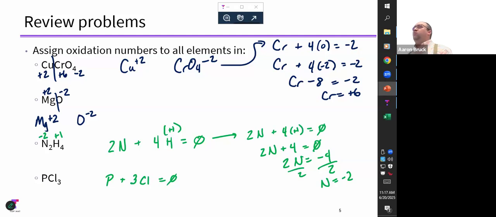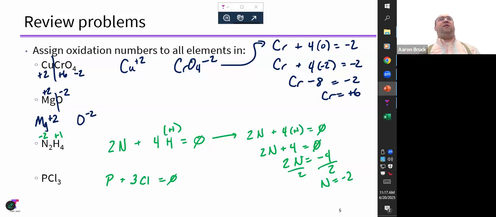So how do I choose which one ends up being negative? This is where knowing something about electronegativity becomes a thing. So I can go to the periodic table and I can say, okay, well, which one is more likely to be negative? And so I look at the periodic table and I see that chlorine is much more electronegative than phosphorus based on its position.